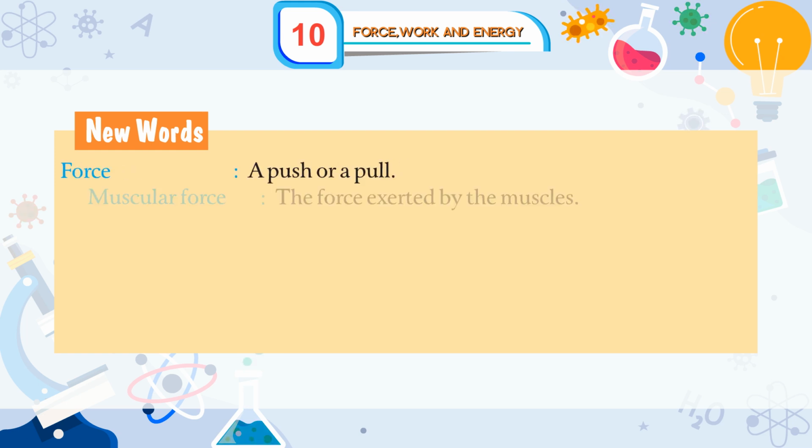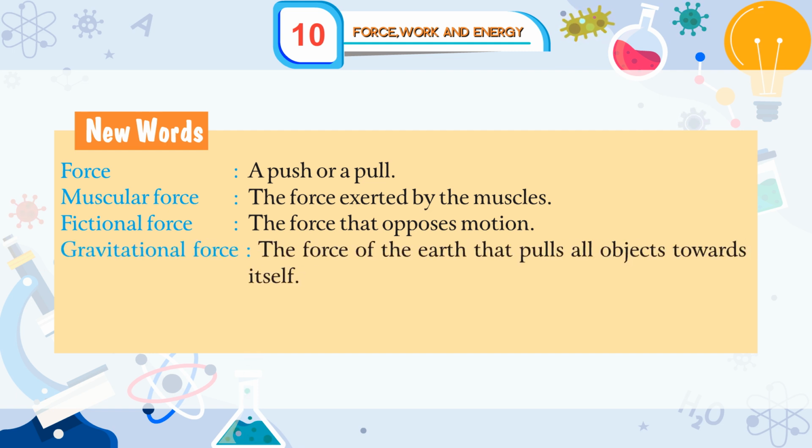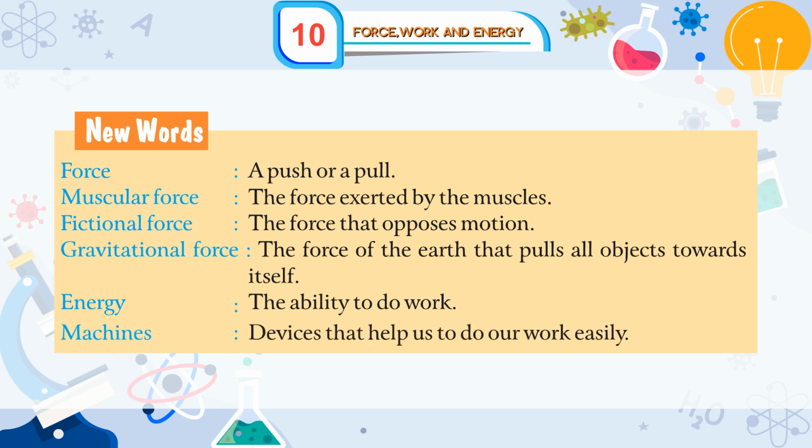Force, a push or a pull. Muscular force, the force exerted by the muscles. Frictional force, the force that opposes motion. Gravitational force, the force of the earth that pulls all objects towards itself. Energy, the ability to do work. Machines, devices that help us to do our work easily.